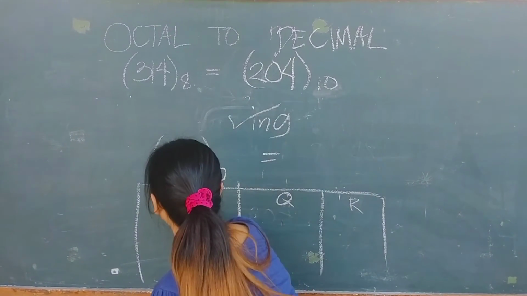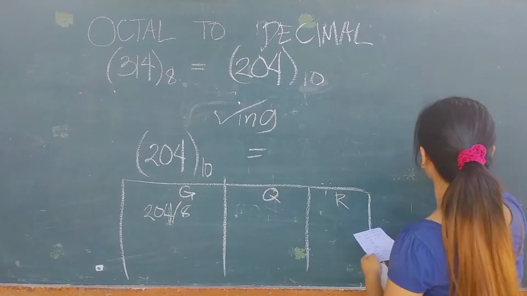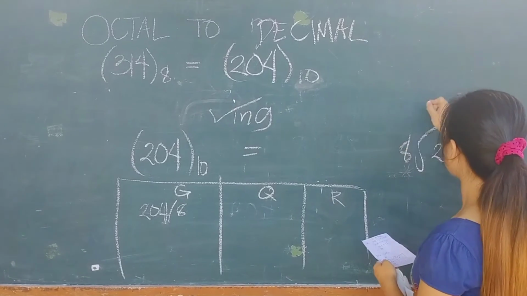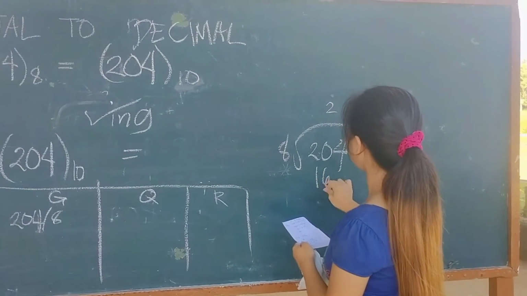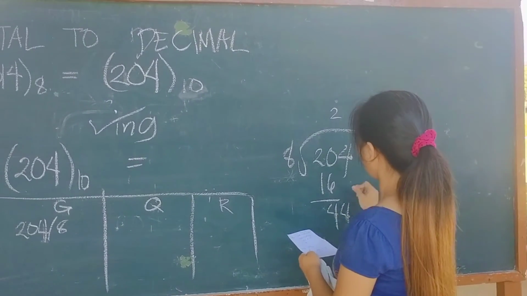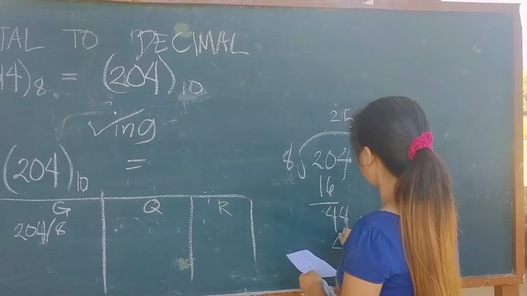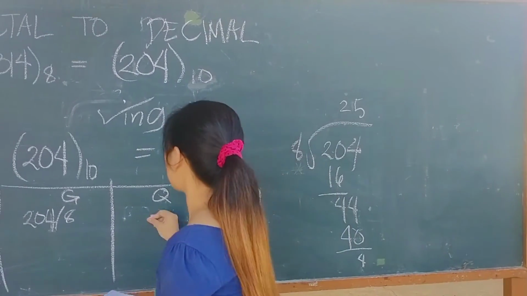So 204 divided by 8 is equal to 25 with a remainder of 4.